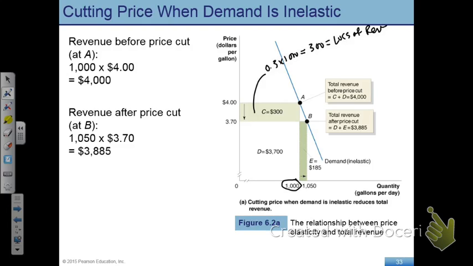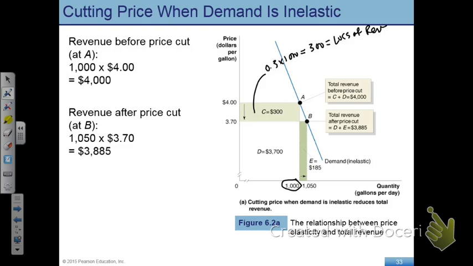But our firm also gains something, right? Because since they cut price, they are now able to sell 50 more units. Each of these 50 extra units is sold for $3.70.